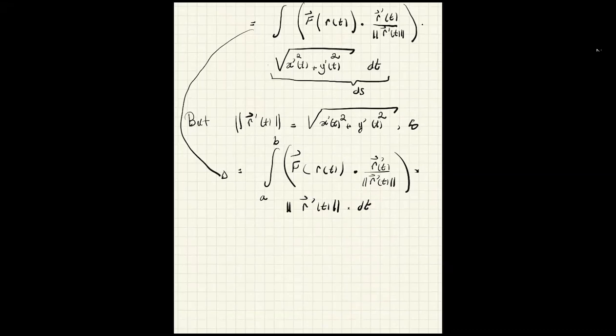So I can actually remove this with this, because of the properties of the scalar product. If you have a scalar number, you can just take it out of the scalar product and then it cancels out with the norm of r'(t), which is a number too. So you're left with the integral over AB of F(r(t)) scalar with r'(t), the whole thing integrated from a to b, okay?